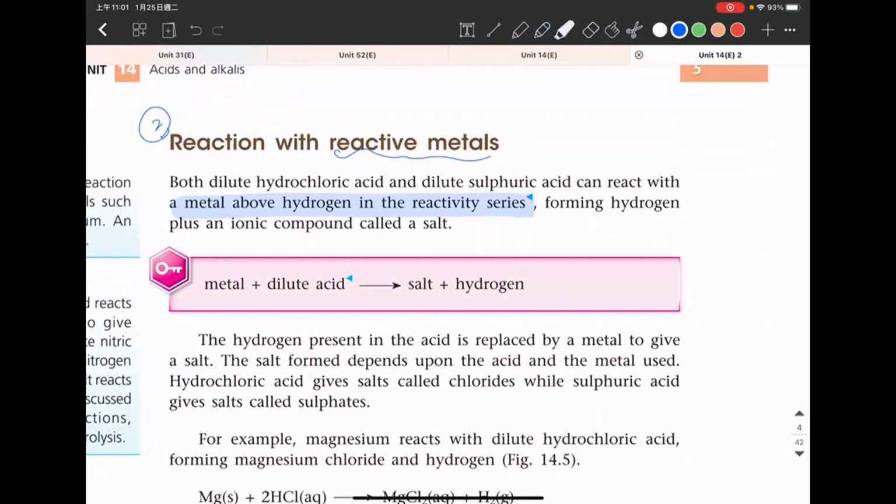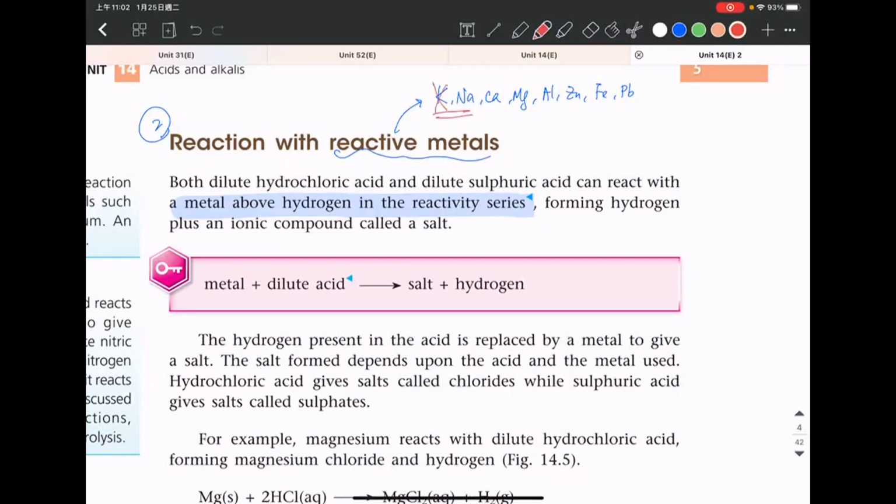What are those metals? You may see potassium, sodium, calcium, magnesium. How about the next ones? Aluminium, zinc, iron, tin, lead. Then hydrogen, and we stop there.